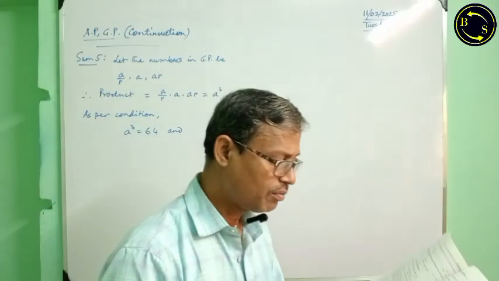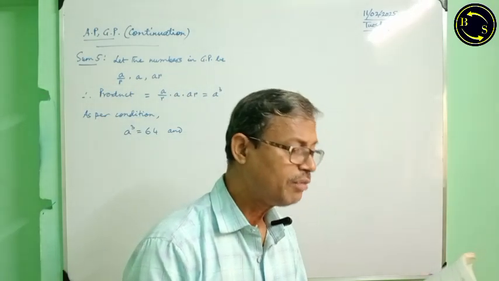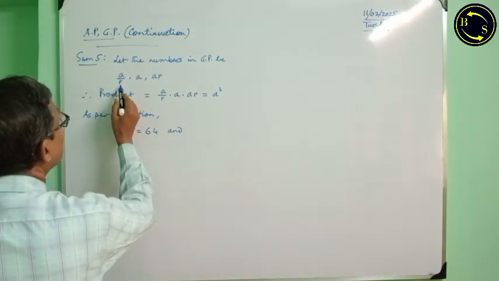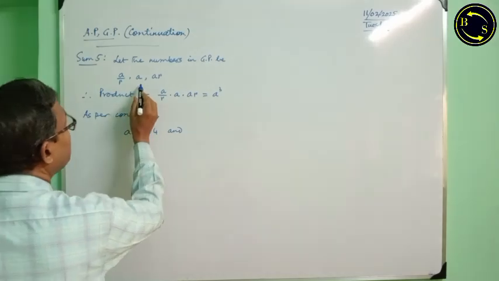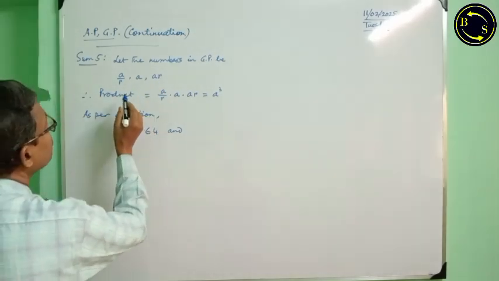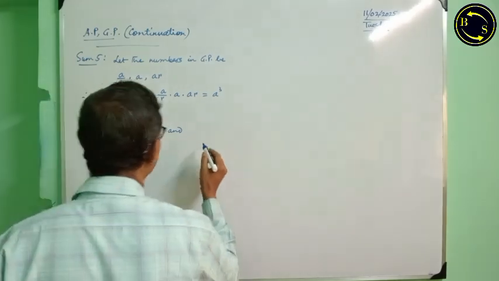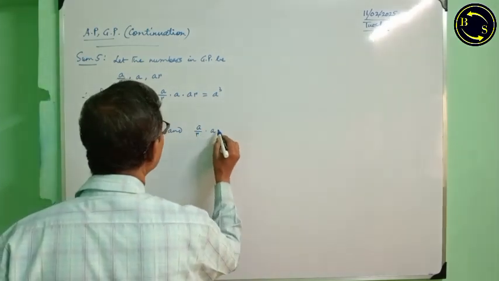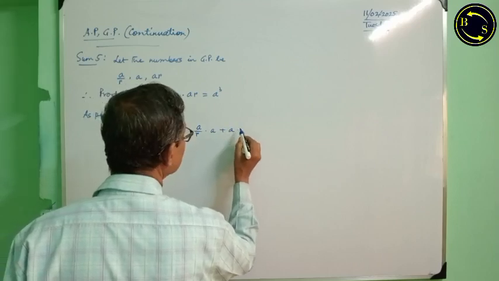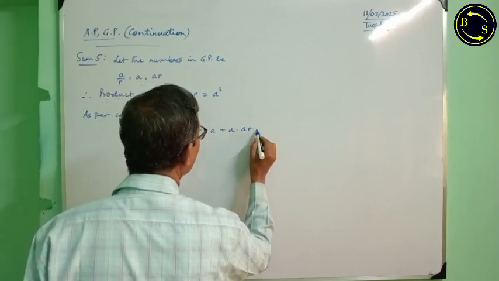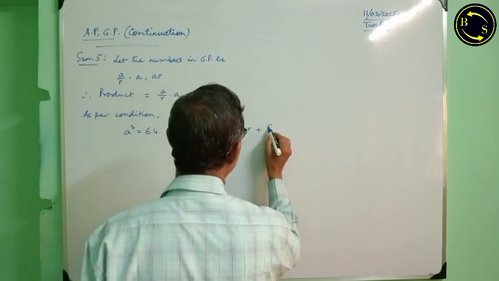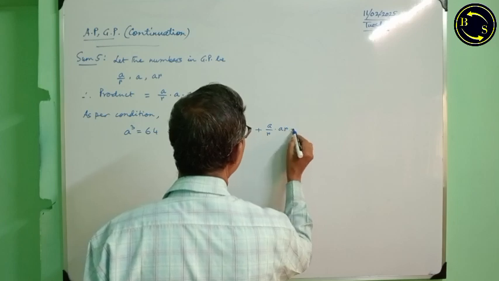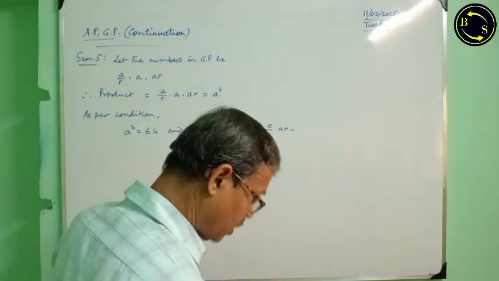And second condition is sum of the products of them taken in pairs. That means A by R into A plus A into AR plus A by R into AR, this is equal to 84.